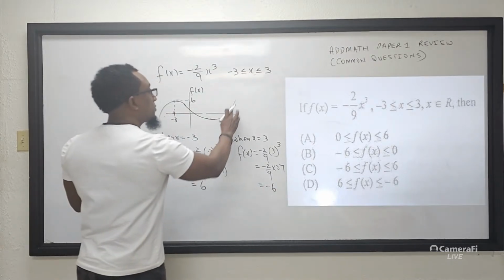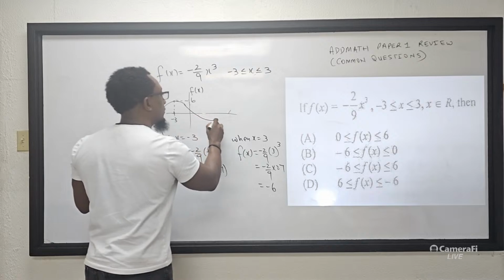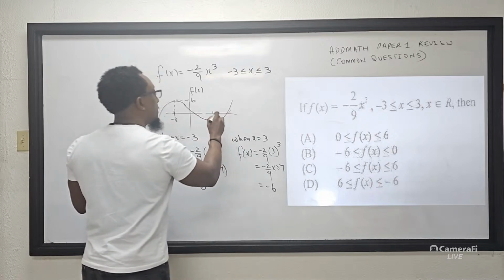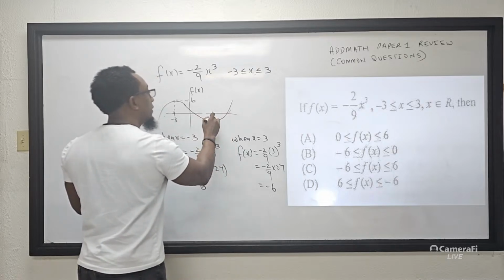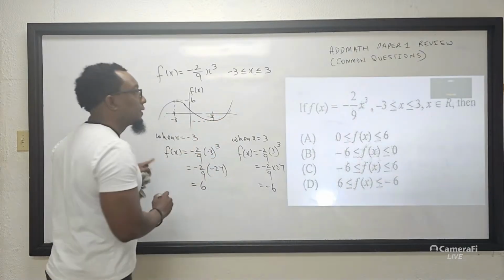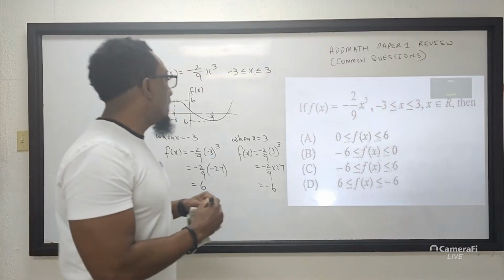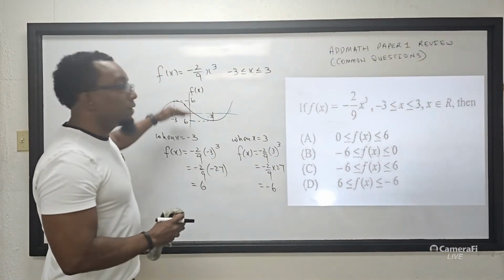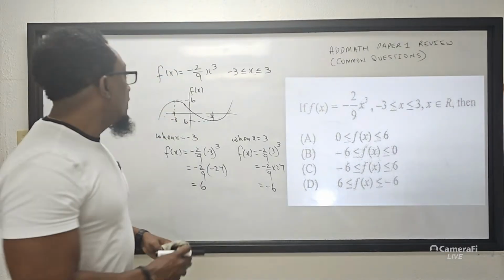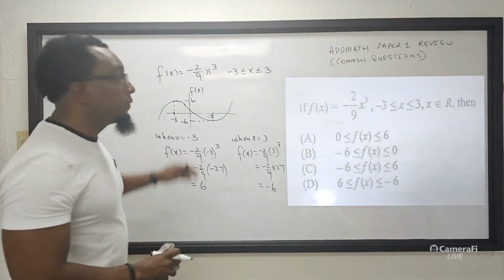So when x is 3, we assume 3 is here, then the corresponding y will be negative 6. So the lowest value along the y-axis is negative 6. And the highest value is what?